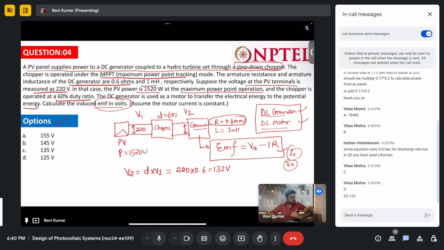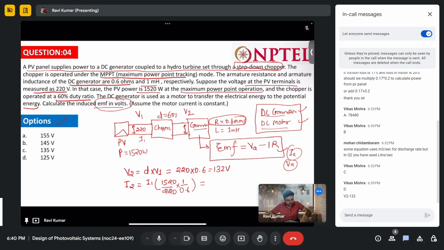Okay, because I have given the answer D, let me check. And then I2 will be, first, what is the I1 here? I1 is 1520 divided by 220. And if voltage is dropping, current will increase. So here D will be like this, 0.6. So how much is it coming?